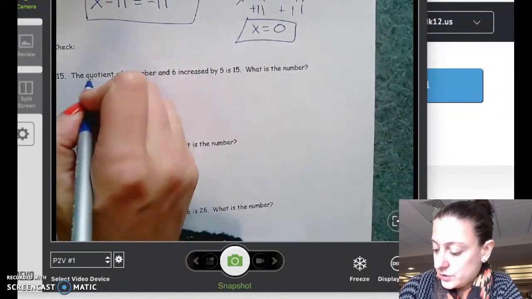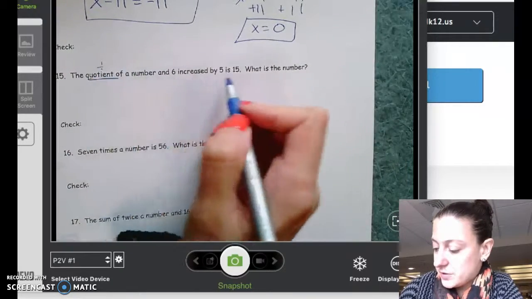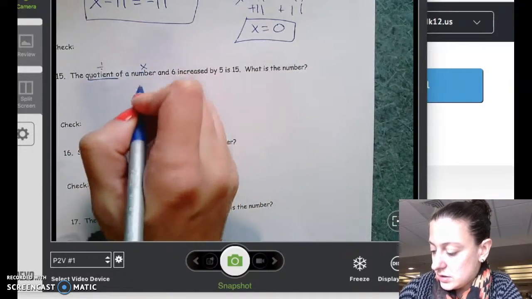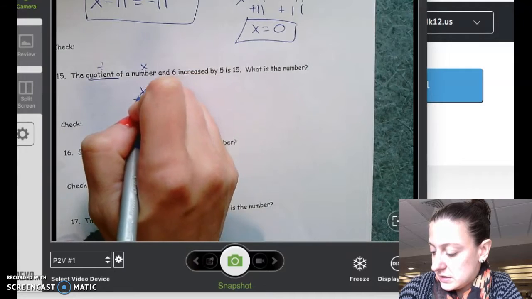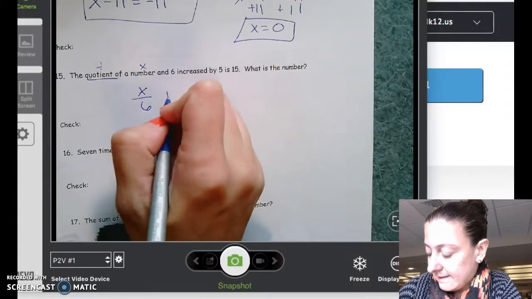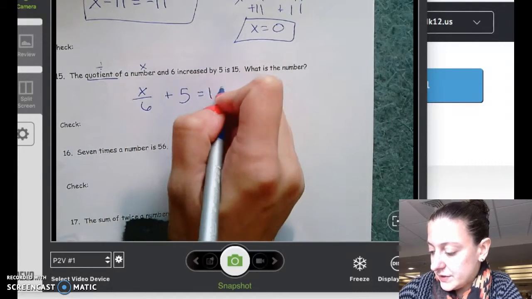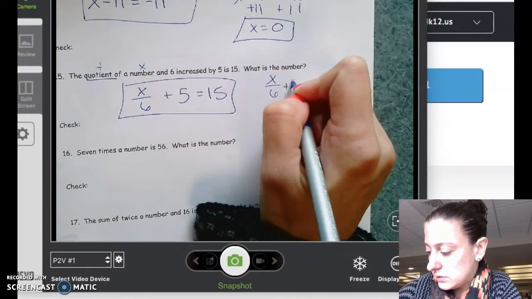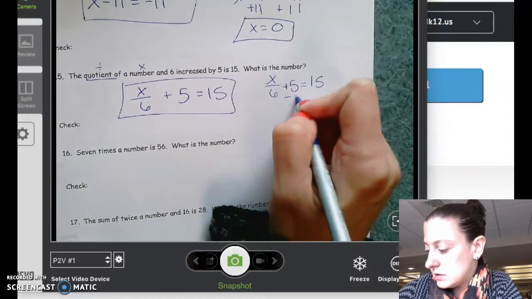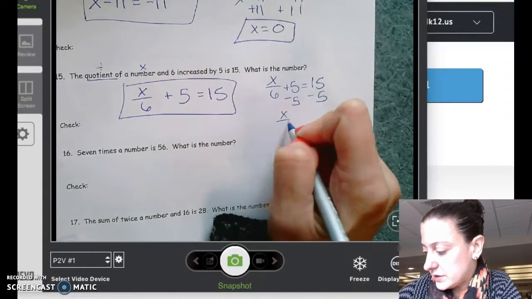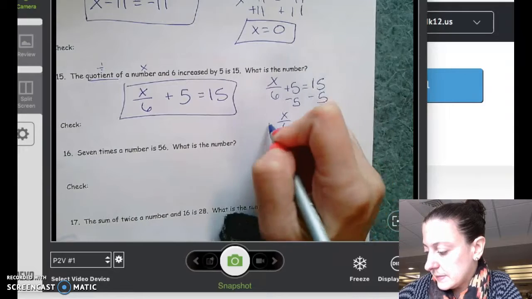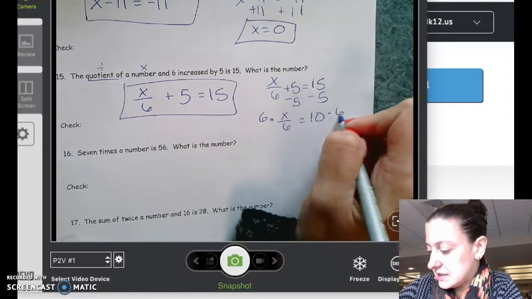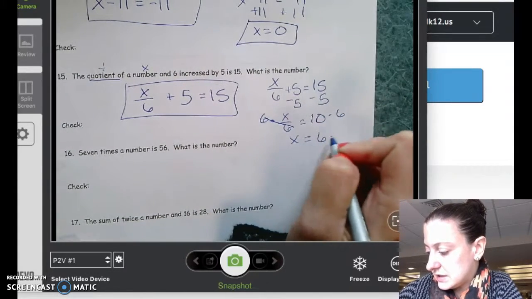The quotient means division, of a number and 6. Of a number and 6 increased by 5 is 15. That's part 1. Subtract 5. X over 6 equals 10. Times 6 to both sides to cancel that. X equals 60.